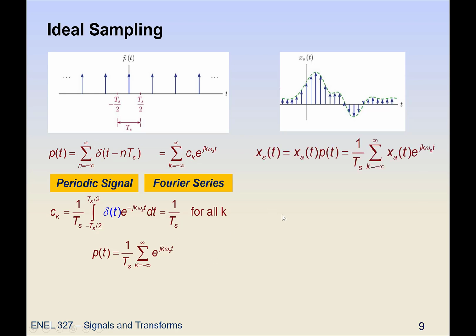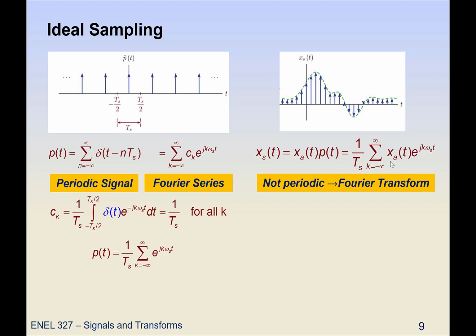Now let's consider our sampled signal, which we got from multiplying x of a and p of t. We just take x of a and carry it inside this summation. Carrying out that multiplication, we get this, but that is not periodic. Therefore, it does not have a Fourier series, but it should have a Fourier transform.